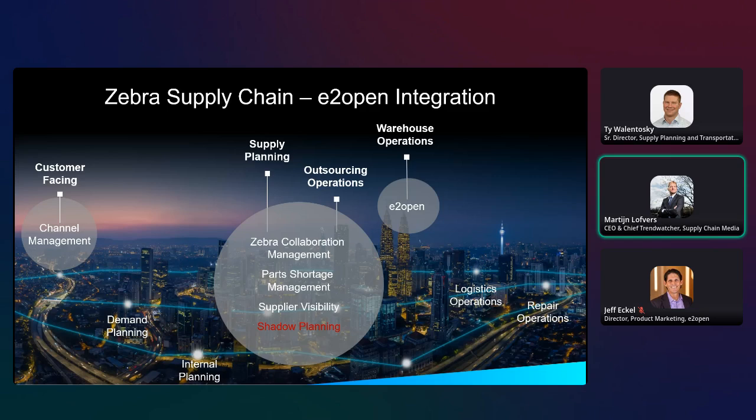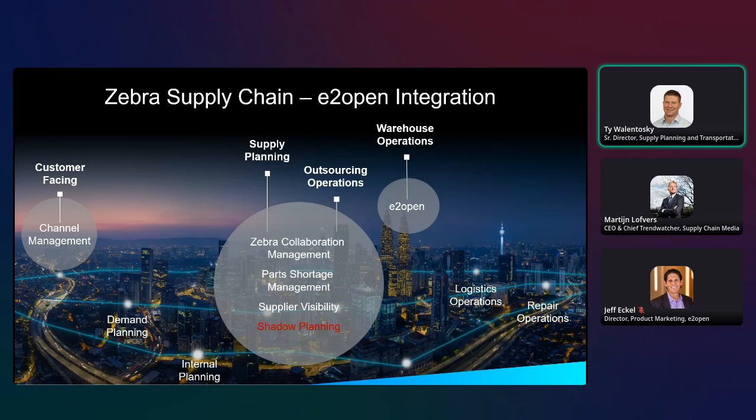So talk us through. You've been working with e2open, but you have a whole plethora of applications. Maybe you can go through how you manage this portfolio of IT applications to manage your supply chain. Yeah, sure. This is a map of how we've partnered with e2open. We've been using e2open for many years now.